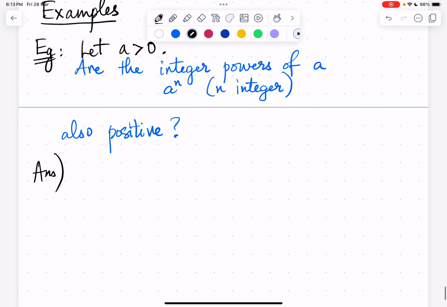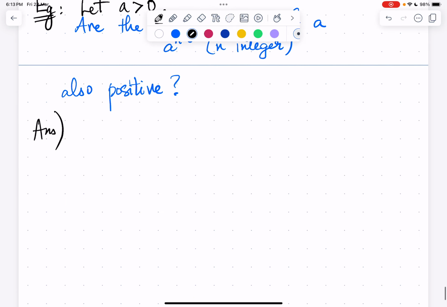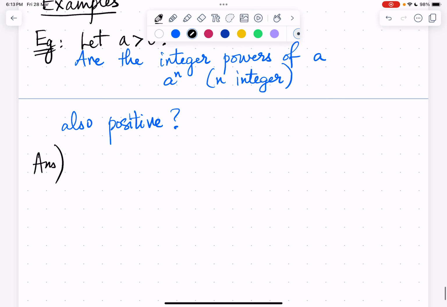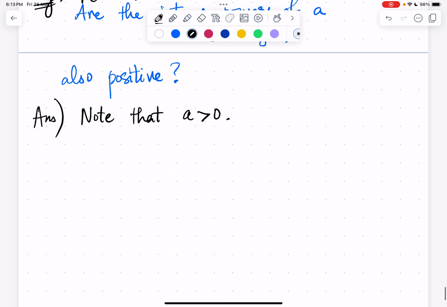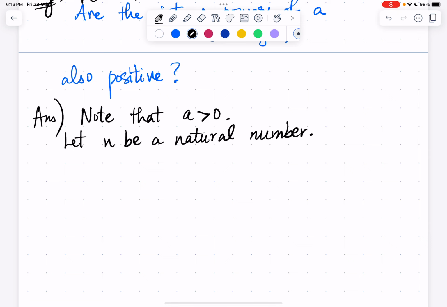It turns out yes. So note that a is greater than 0. Let n be a natural number. Multiplying the inequality with itself.